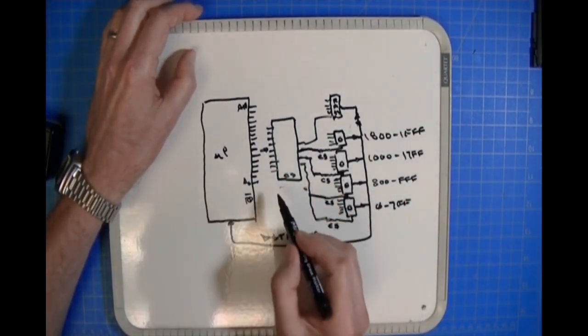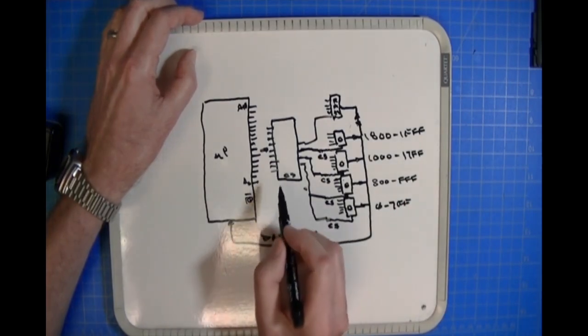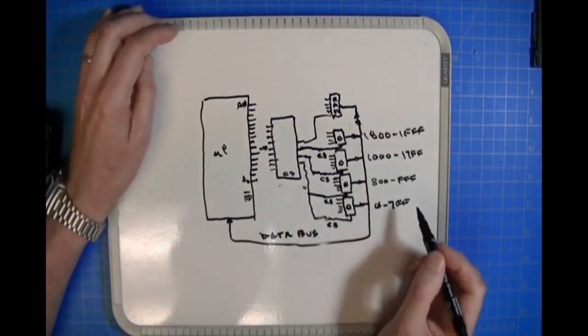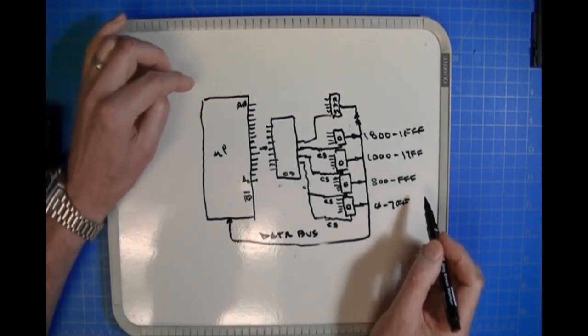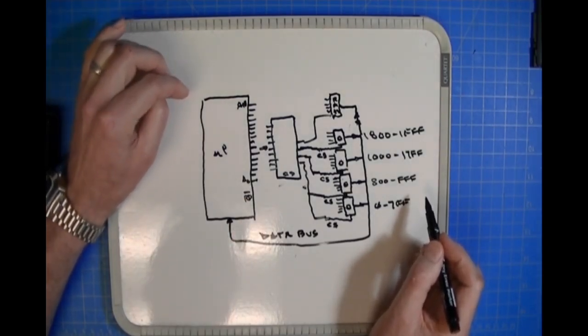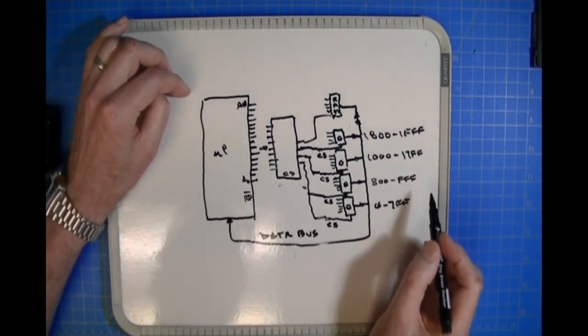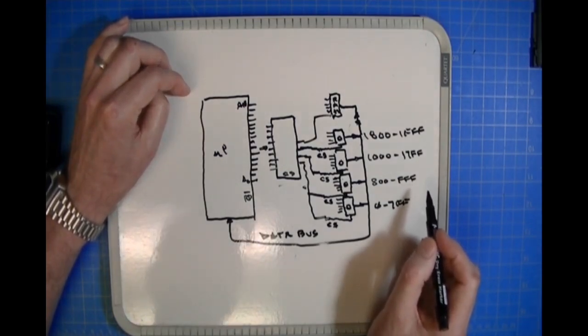And the thing that you'll find is you're dividing the address space of the microprocessor, and this was an 8-bit microprocessor. It would have a maximum address capacity of 65535, or they would reference it as 64K.